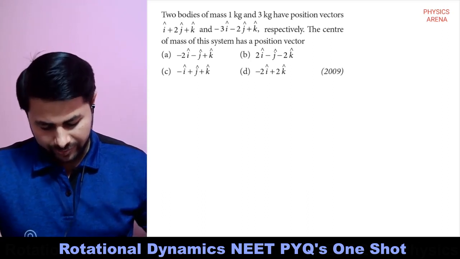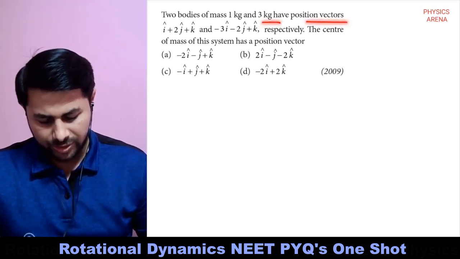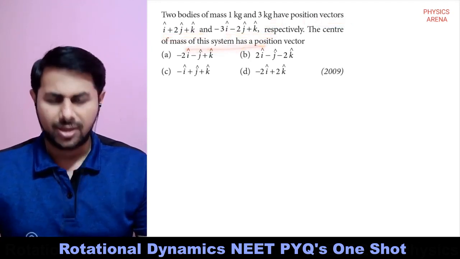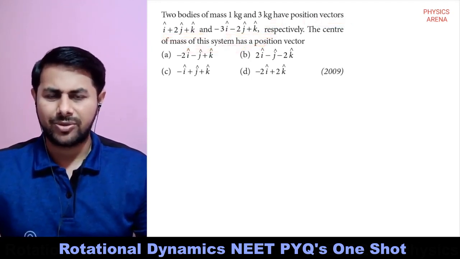Two bodies of mass 1 kg and 3 kg have position vectors given respectively. The center of mass of the system has a position vector. This is straightforward.